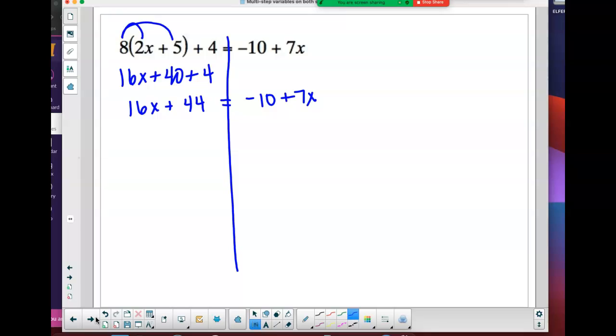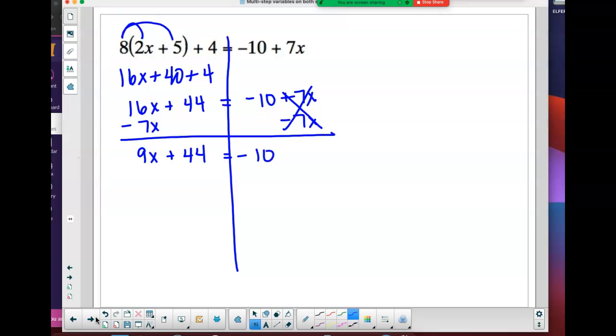I'm going to choose to get rid of the 7x. So I'm going to put minus 7x on each side. These cross off. 16x minus 7x is 9x plus 44 equals negative 10. Okay.